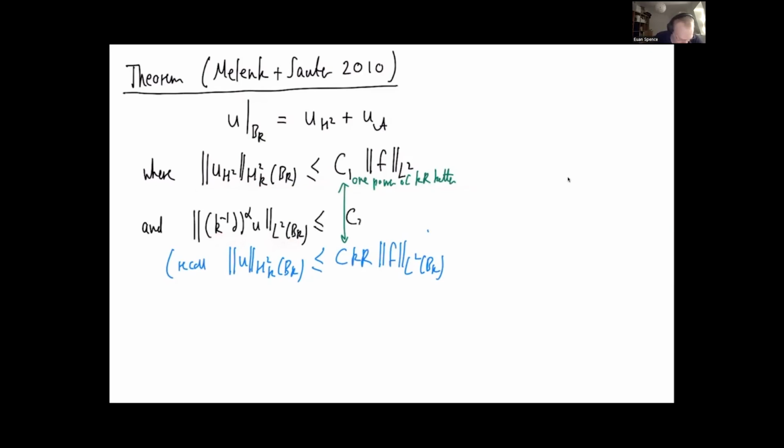This now satisfies, let's say, C2(KR) and C3 to the mod alpha times the L2 norm of f on B_R. And this is for all K greater than or equal to some K naught. So we choose some K naught greater than 0, just bounded away from 0, and then these constants C1, C2, and C3 depend on K naught, but they're independent of K.